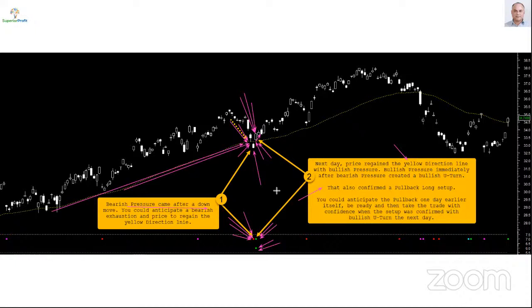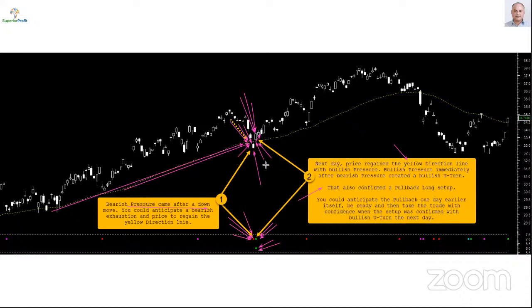So what are the signals it will show? It will show pullback, it will show reversal, as well as a gap long setup. All will be shown right at the open. So we'll be able to take the trade confidently because we also have a U-turn and the bearish exhaustion.